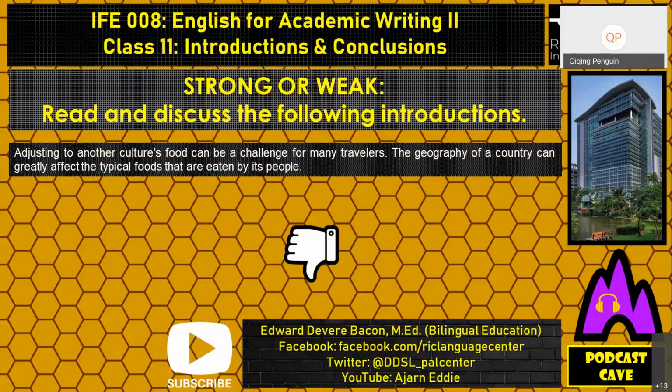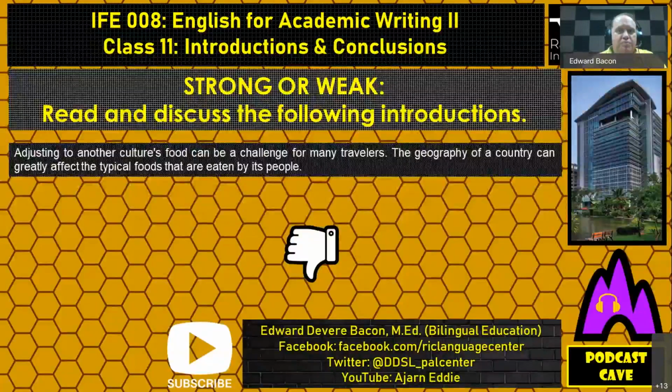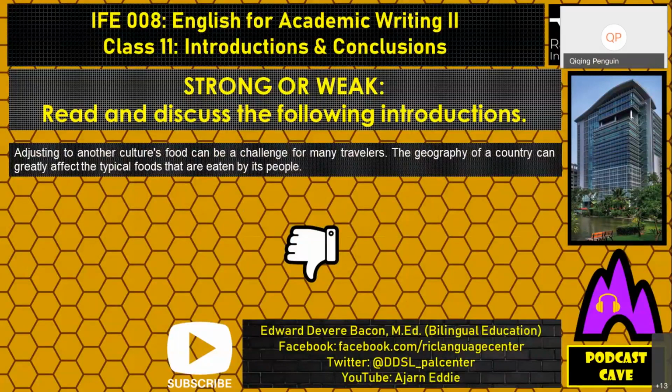What's the answer? Weak. Okay, so the reason why, remember, how many sentences should an introductory paragraph have? I would have 5. The first sentence is going to be a hook, something to grab the reader's attention.